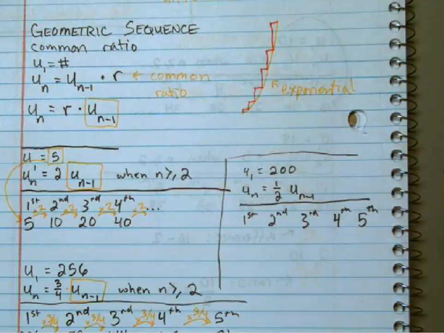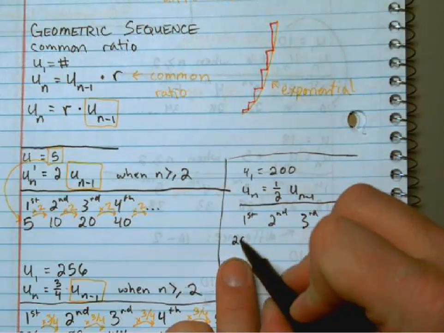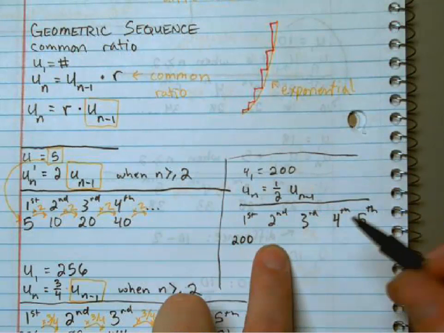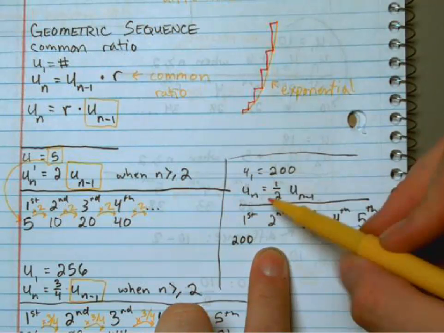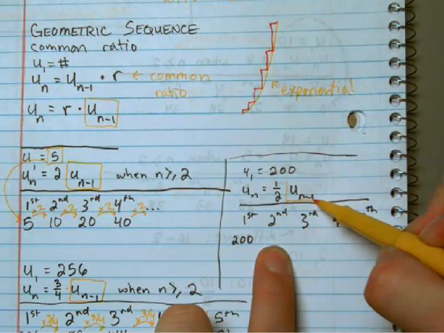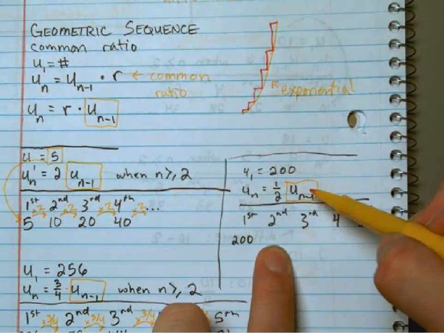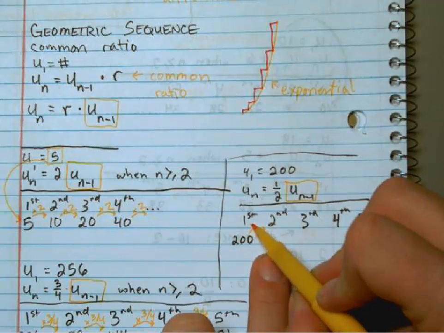All right, if you can't do anything else, you can at least get the first term. The first term, 200. The second term, well, how do I find the second term? I gotta go to my rule. It says to find the nth term, I do 1/2 times, what does this mean? The previous term. So to go from here to here, 1/2 of 200.